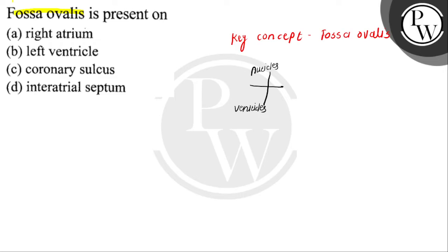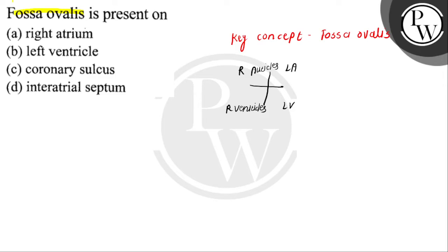So this is the right auricle, this is the left auricle, this is the right ventricle, and this is the left ventricle. The auricle is the upper chamber, and the ventricle is the lower chamber.